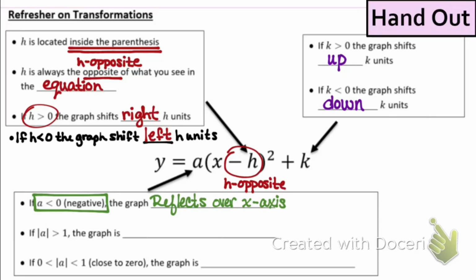So this next bullet point says, if the distance from 0 for our a value is more than 1, if you take more than 1 hop to the right or more than 1 hop to the left for your a value, then the graph is going to be vertically stretched.